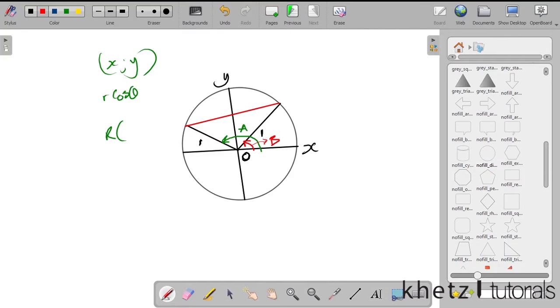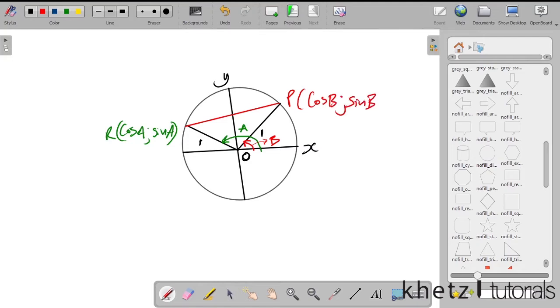So the x is associated with r cosine theta, and the y is associated with r sine theta. So now that we have our r as 1, you don't necessarily have to write it. You can just say cosine of A for that point and sine of A. Now at this other point that we have on that side, you can say cosine of B and sine of B. So those are the coordinates associated with each of the lines and each of the points.